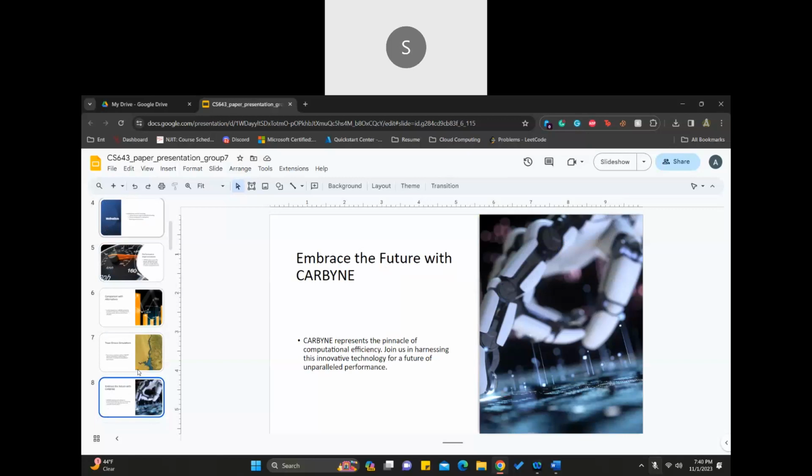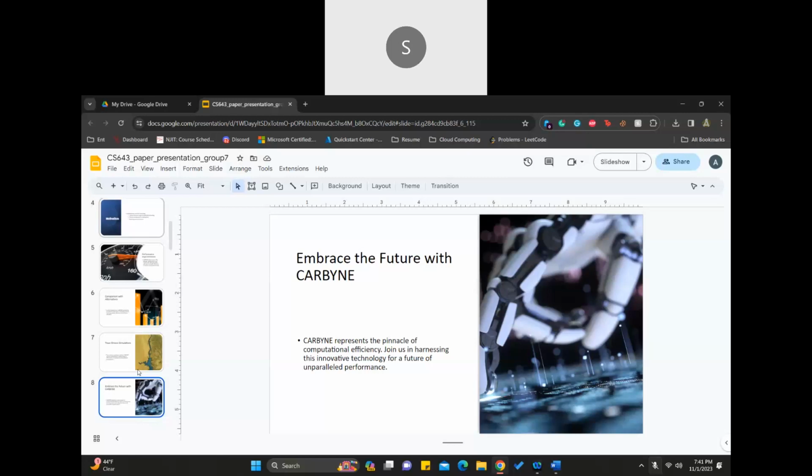Okay, this slide says embrace the future. We can embrace the future with Carbon. Carbon represents the pinnacle of computational efficiency, and you can join us in harnessing this innovative technology for a future of unparalleled performance. Carbon is at the forefront of making computer tasks run smoothly and efficiently, standing as one of the best in the field.